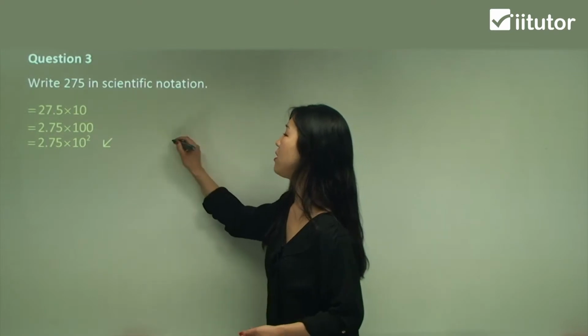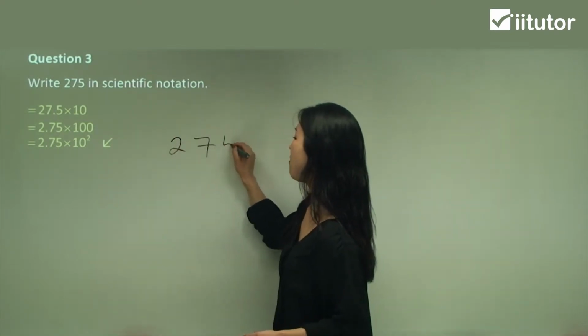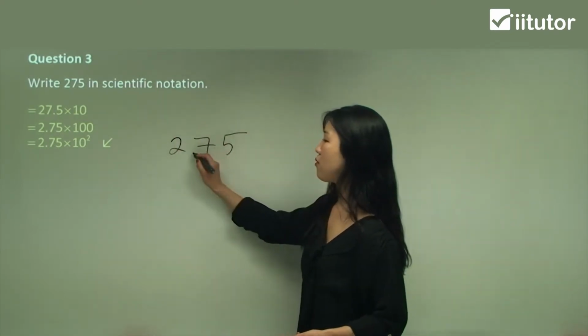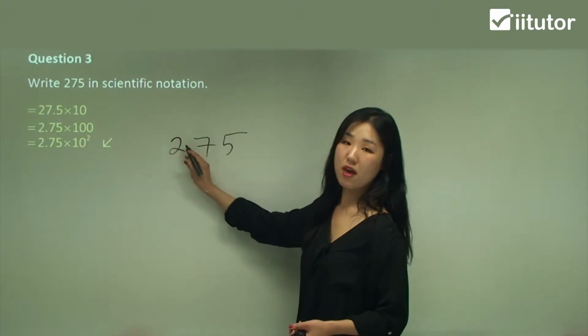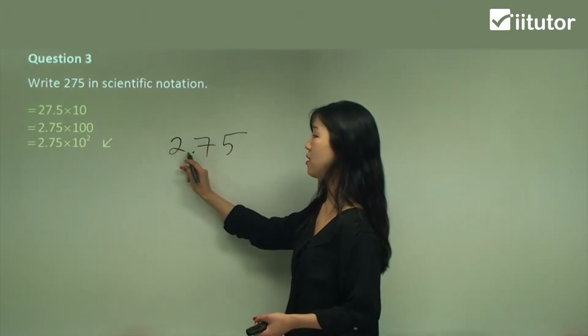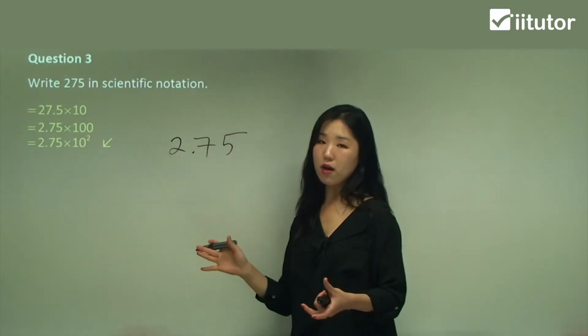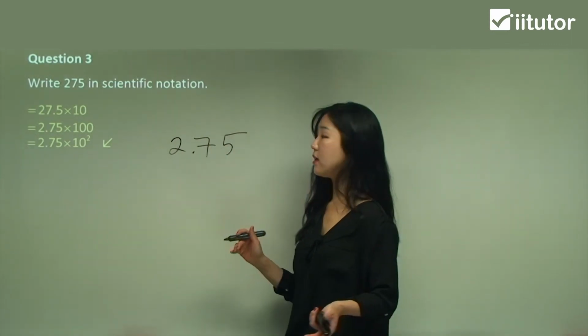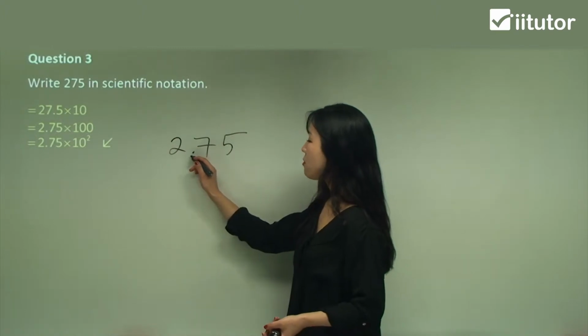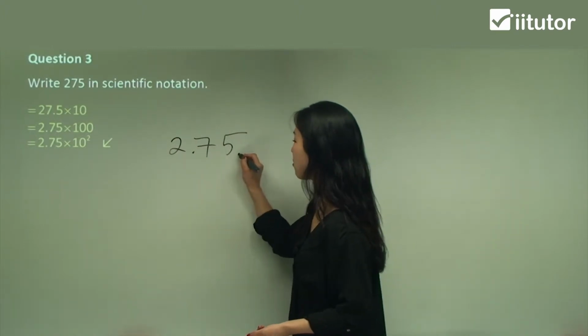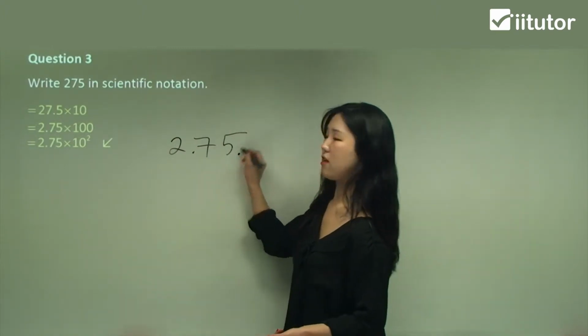Now another way I'd do it is 275. Because we want the decimal always in front of the first number there. We always want the decimal in front of the first number because then it makes the entire number become in between 1 and 10. So I put the decimal there, but remember, the original decimal was there, because if the decimal's there, it's a whole number, isn't it?